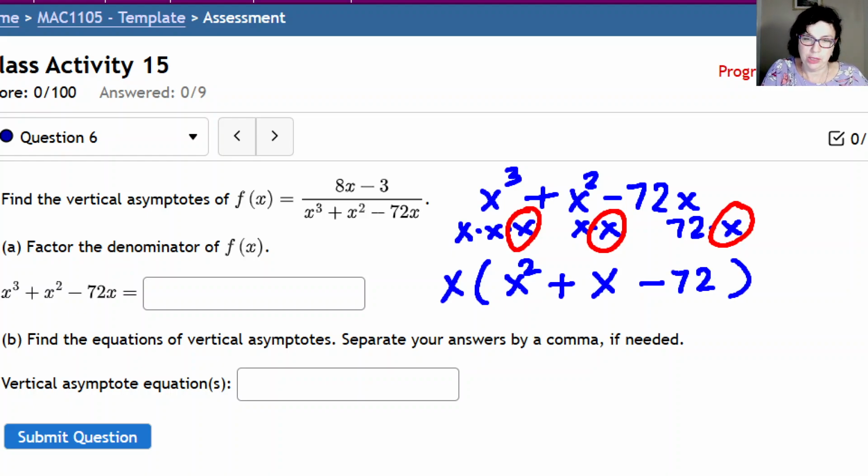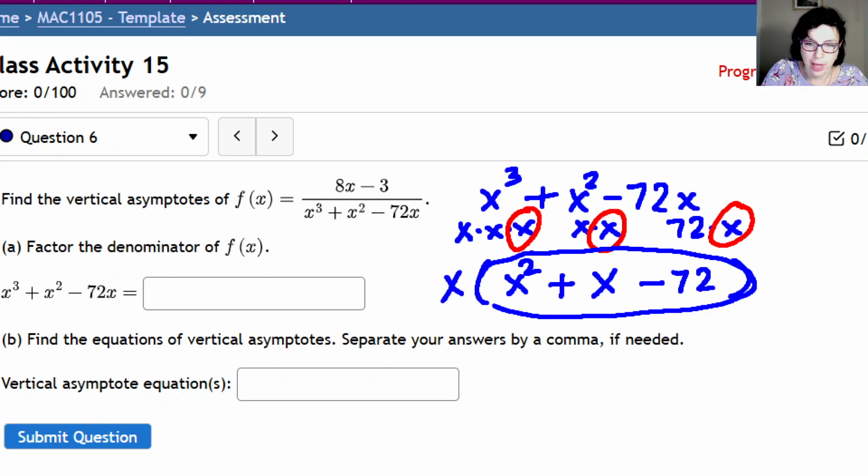Now, what we need to concentrate on is how do we factor the expression that we see in parentheses, like this one right here? Well, we want two numbers that would multiply to negative 72 and add to plus 1. Hopefully you know, but if not, you can just cycle through all possible factors of 72, and you will see that I think it's going to be 8 and 9, right?